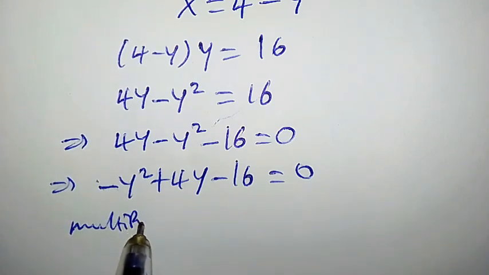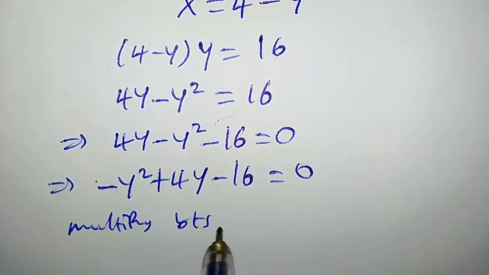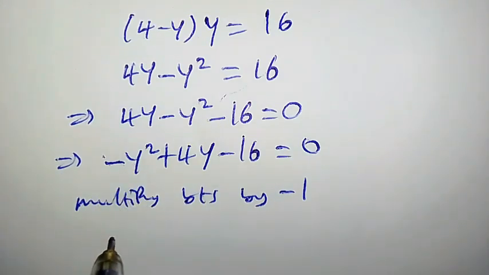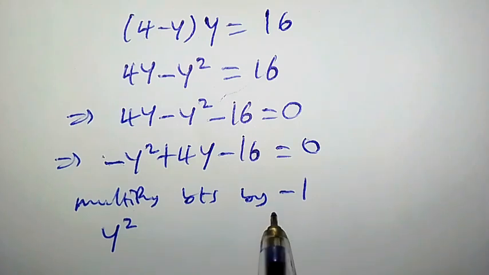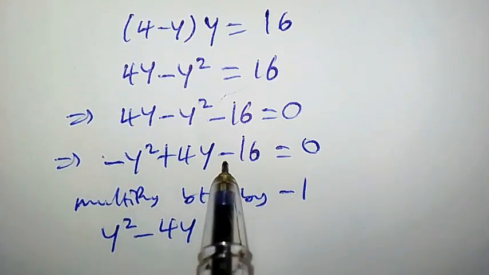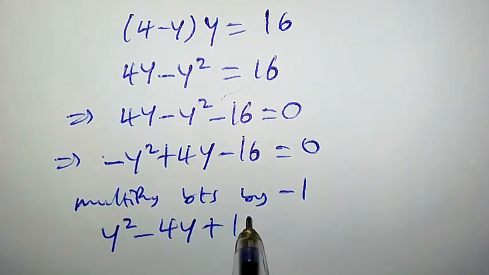Multiply both sides by minus 1. Minus times negative y square, that is y square, minus times 4y, that is negative 4y, minus times minus 16, that is plus 16, equals 0.